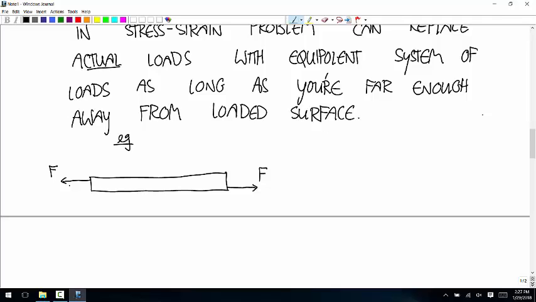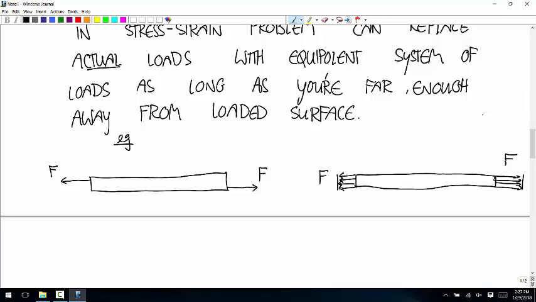We can do calculations for a beam like this, the same beam, but now instead of point loads, we have uniform distributed loads that add up to F. So this is relatively easy, this is relatively hard. But Saint-Venant's principle says, as long as we don't use our calculations close to these two loaded surfaces, the results we get for this are the same as the results that would occur here.